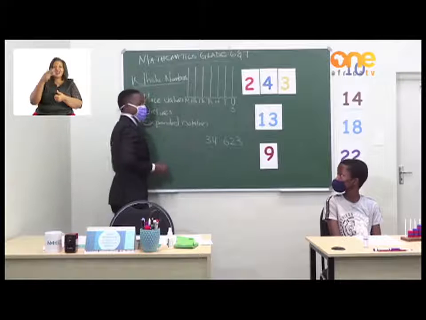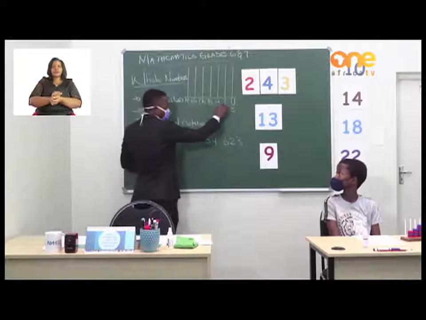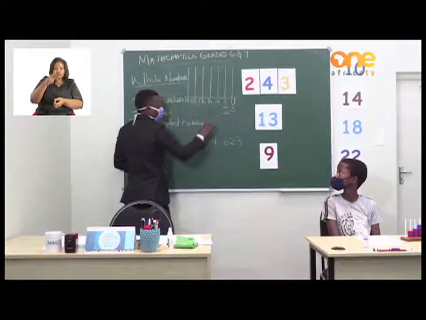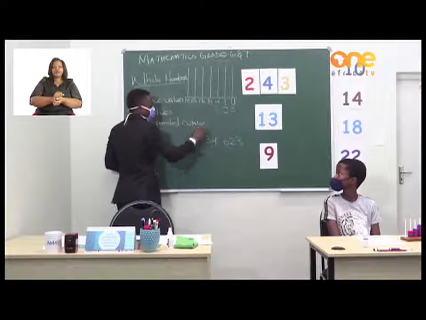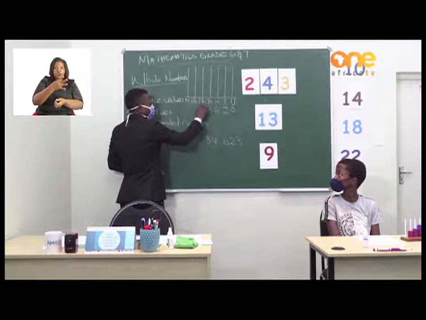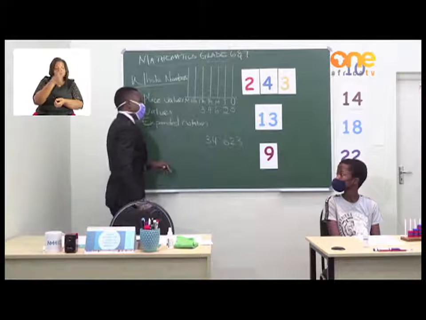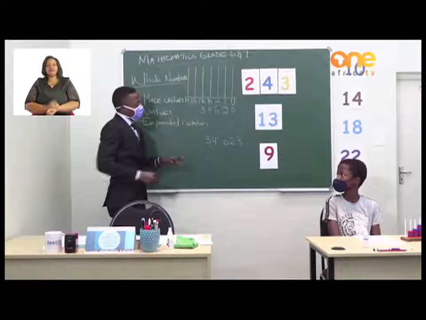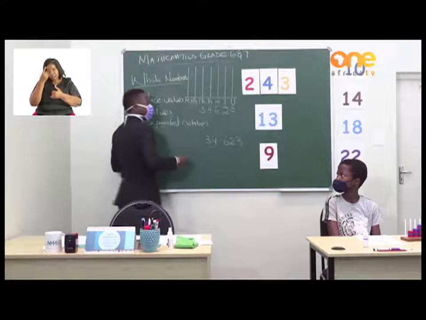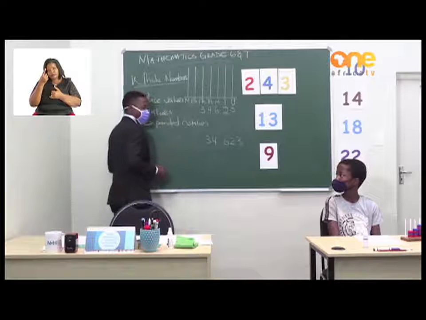You go to the tens, which is a 2. We have a 6, we have a 4, and we have a 3. In that manner, you will know what you can circle per place value.